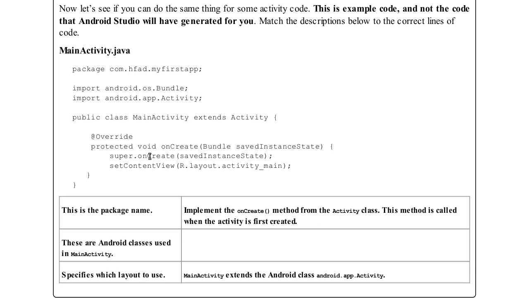So let's see the code inside the activity file. It is a public class, MainActivity. It extends from the Activity class, which is the class provided by android.app.Activity, so we have to import it here.